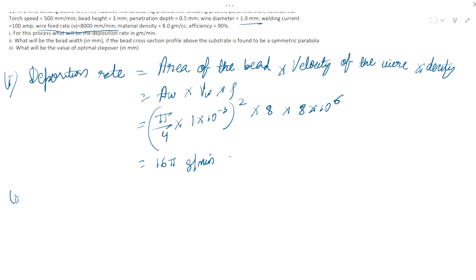Now the next question is, what will be the bead width in mm if the bead cross section profile above the substrate is found to be a symmetric parabola? It doesn't look symmetric, but consider this a symmetric parabola.